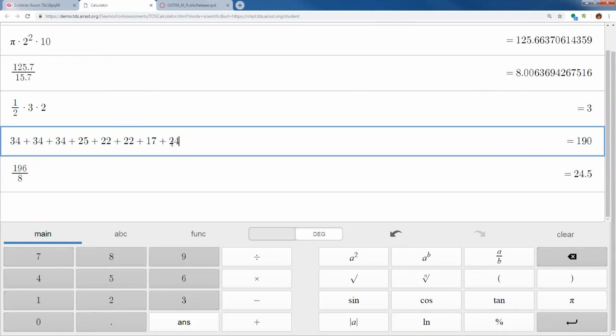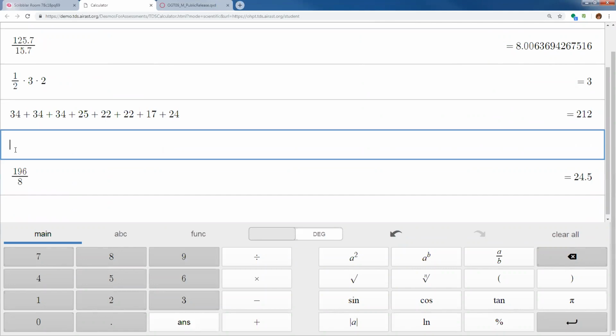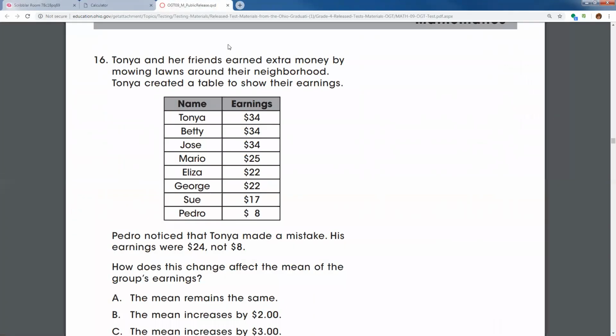And when we change it to 24, 26.5. Okay, yep. So that is correct. The first mean was 24.5. The second was 26.5, and it increased by 2. Good.